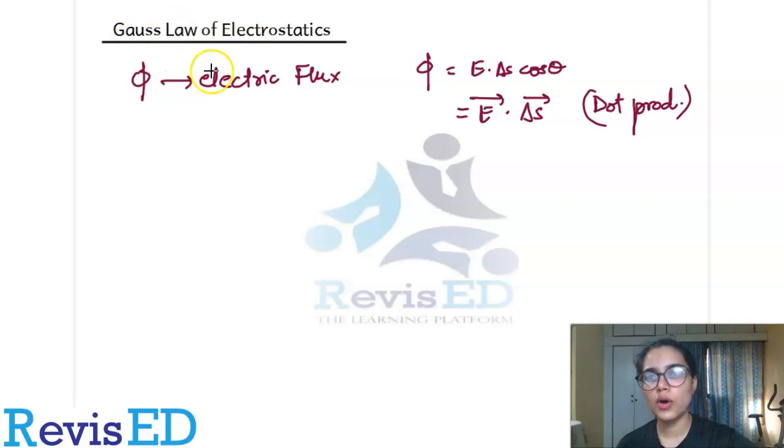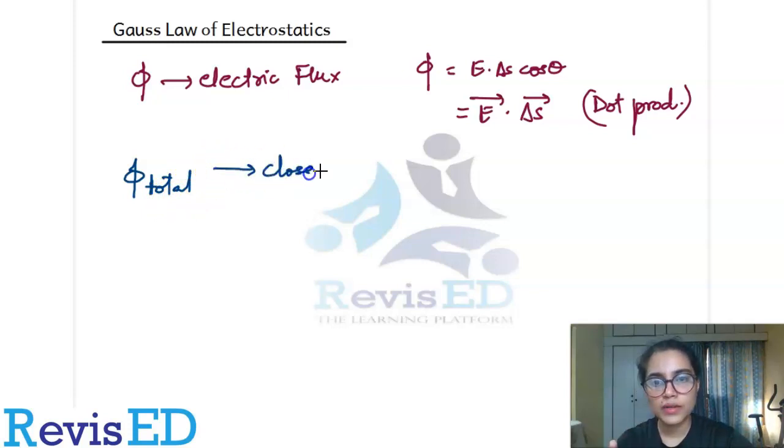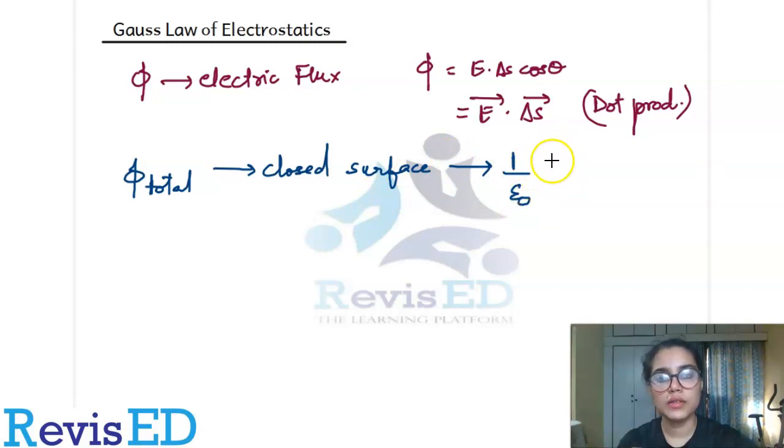According to this law, the total flux linked with any closed surface, and we are talking about a surface which is closed, is given by 1 by epsilon naught times the charge enclosed by it.